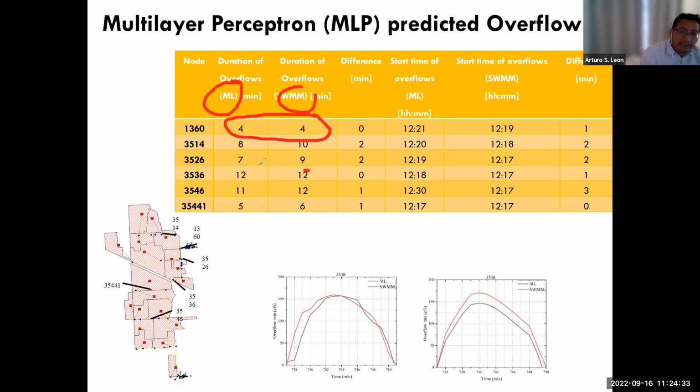In some cases there are some discrepancies, but they are very minor. The starting times of the overflows are basically within 1 to 3 minutes difference. So overall, considering the uncertainty of stormsewer systems, I would say the result that the machine learning model gives is good enough for practical purposes.